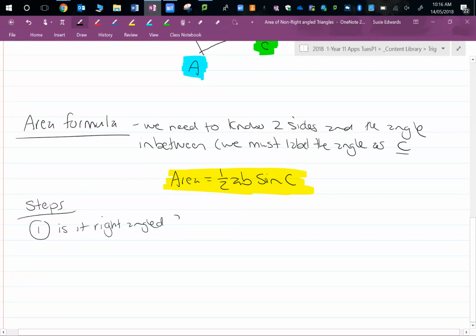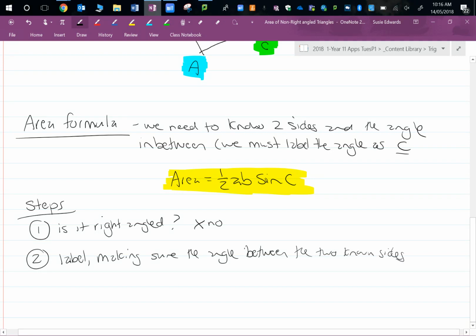We just want to get in that habit and we want it to be a no. Second step is label, making sure the angle between the two known sides is labelled as C. Step three is sub in and solve.